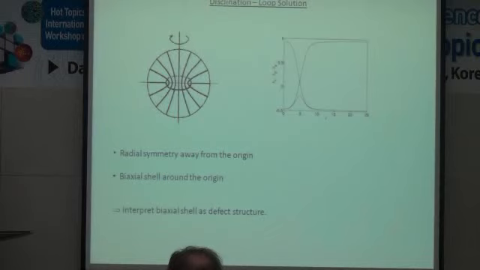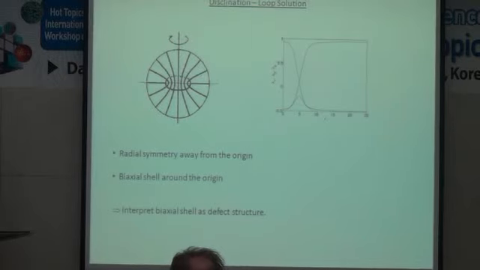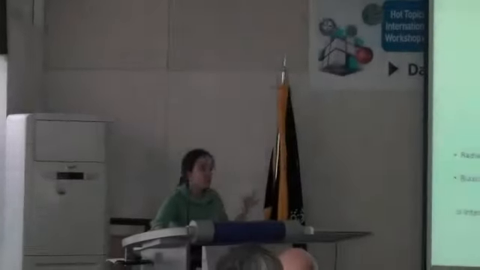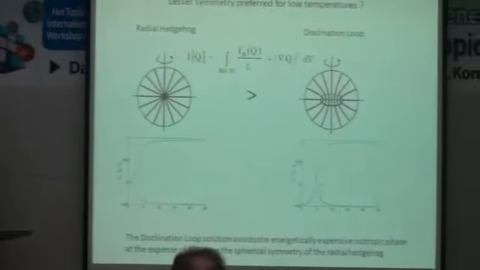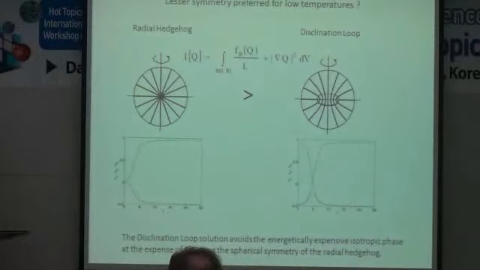So informally, if you look at the picture on the left, this is saying that this solution preserves the radial symmetry of the previous radial hedgehog solution away from the droplet center, but it breaks the radial symmetry near the center, and you can interpret this biaxial shell again as being some sort of defect structure. Now, from what I've just said, this is all pretty much still known territory.